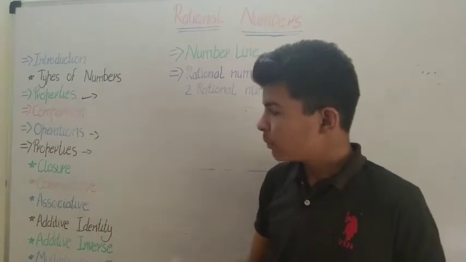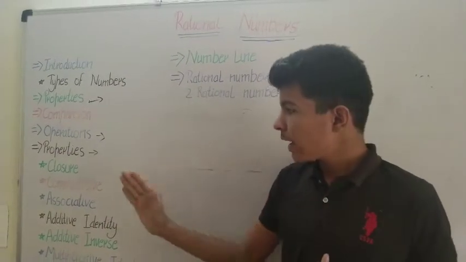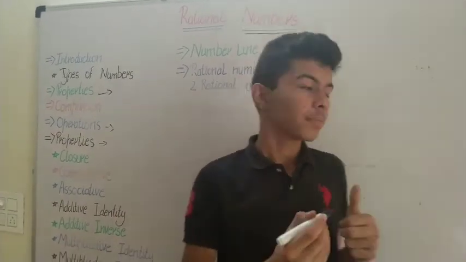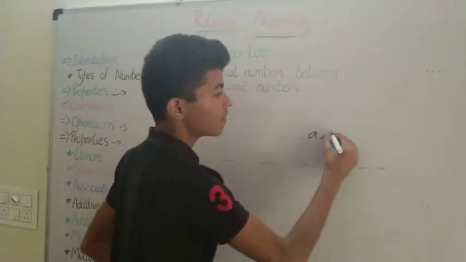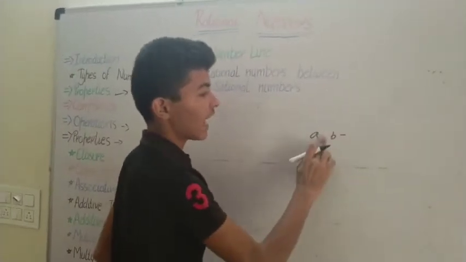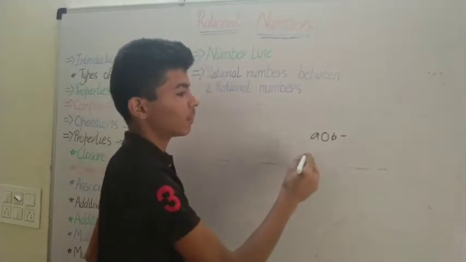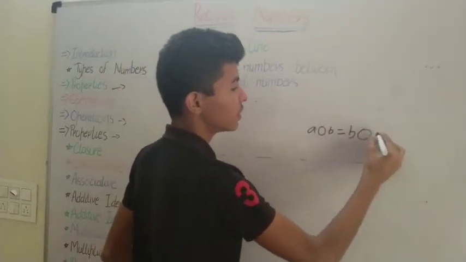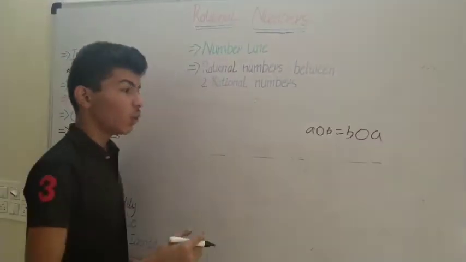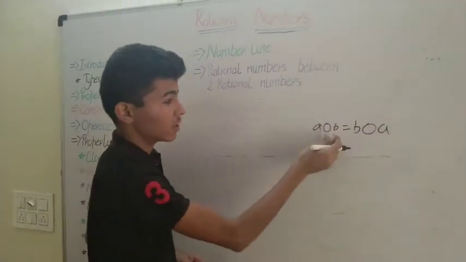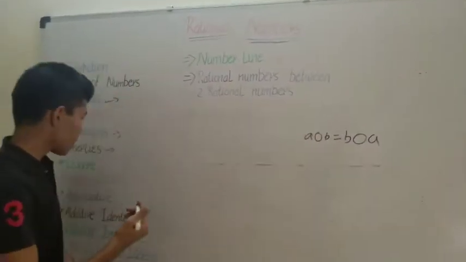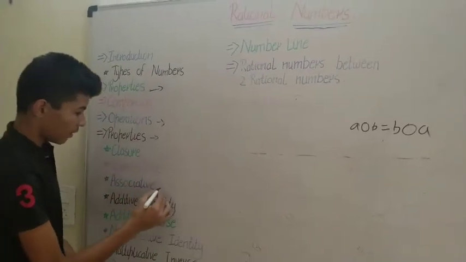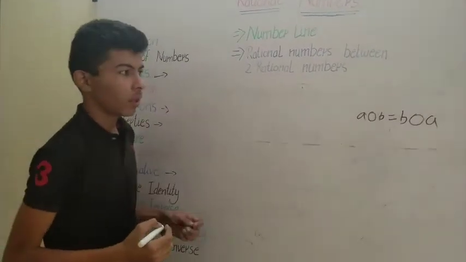In the commutative property, we can take any operation, with a blank or a circle as the symbol: a symbol b is equal to b symbol a. So we only have to reverse the numbers. Then we have the associative property.